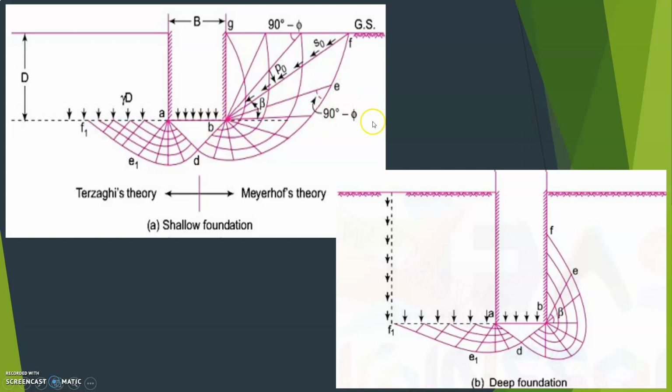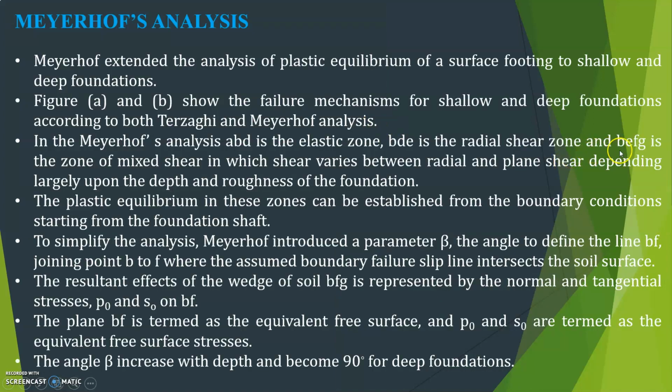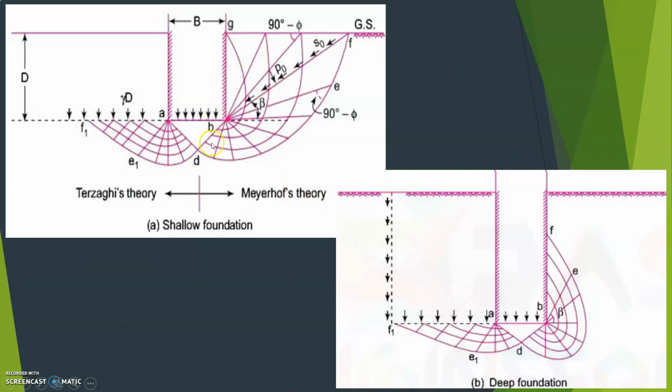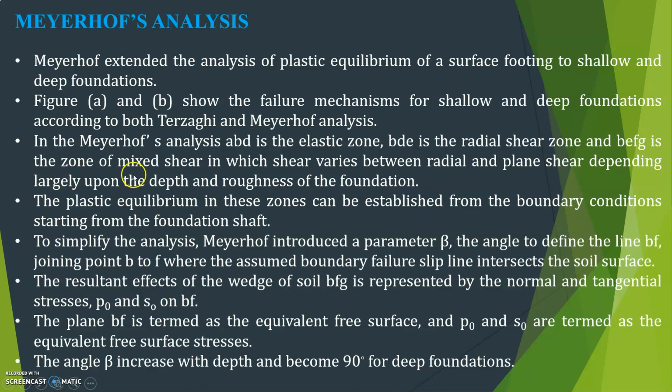This portion BDE is the radial shear zone, and this portion BEFG is the zone of mixed shear, in which shear varies between radial and plane shear depending largely upon the depth and roughness of the foundation.